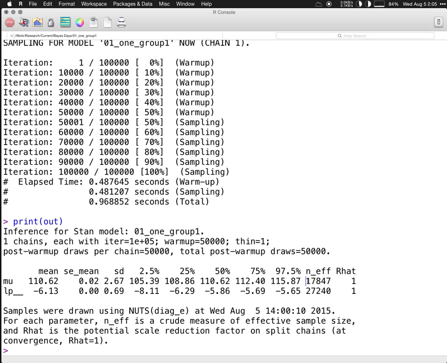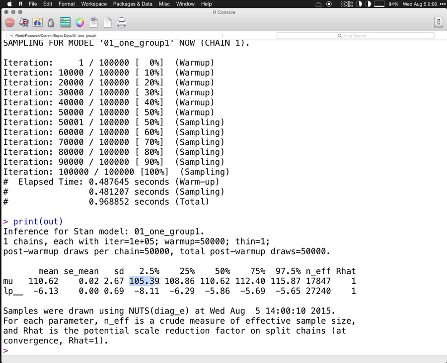You'd observe what your NF is, and then you'd rerun the model, increasing the number of iterations until your number of effective samples is at least 1,000. I say at least 1,000 because if you want to estimate the 2.5 percentile and the 97.5 percentile, you'd need at least 1,000 observations to establish what the 25th observation and the 975th observation is.